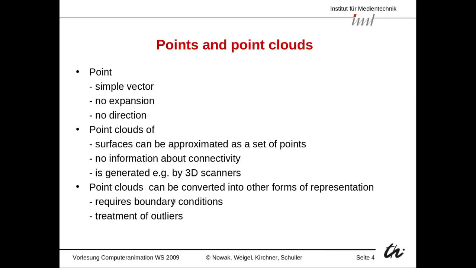And point clouds can be converted into other forms of representation, which require boundary conditions, for instance, when we have gaps in the surface, or treatment of outliers. So this is basically measurement noise, points which are not really belonging to the object.